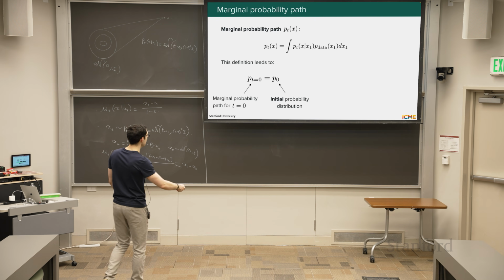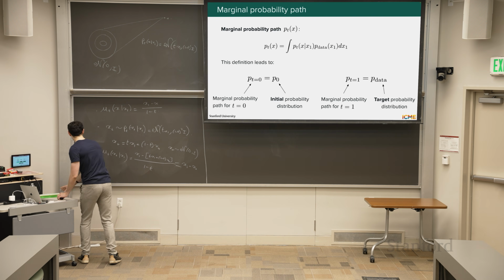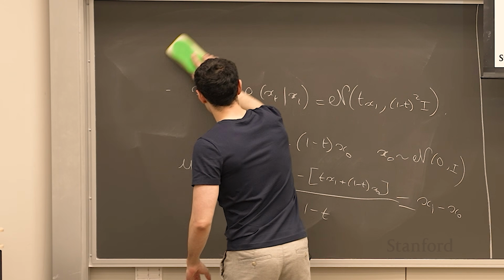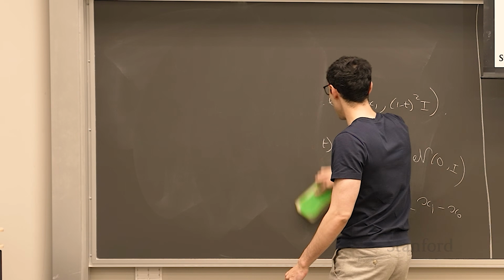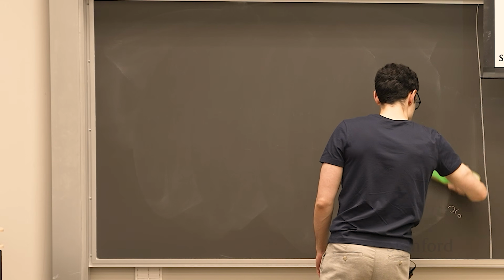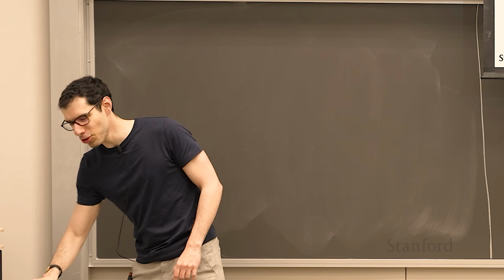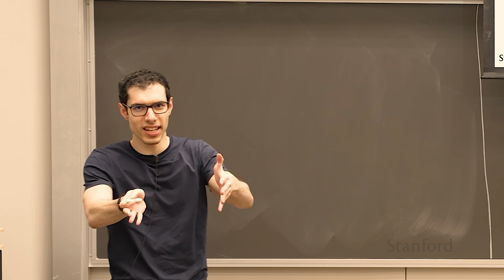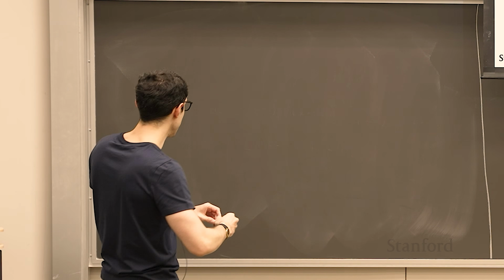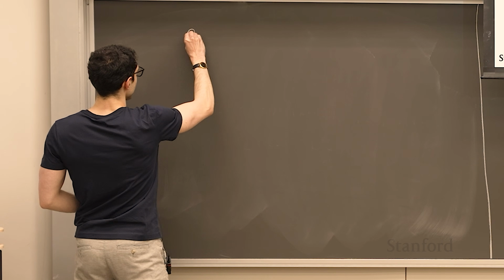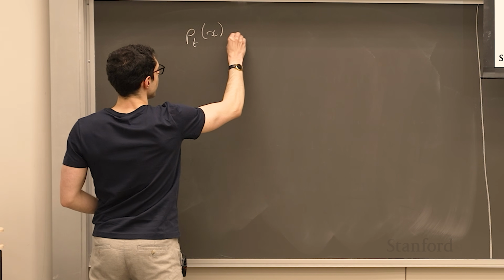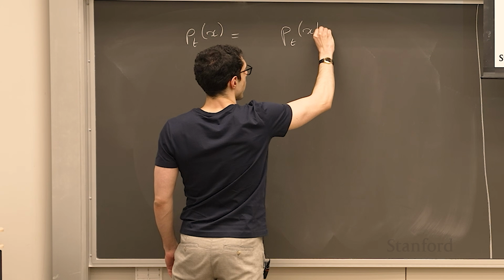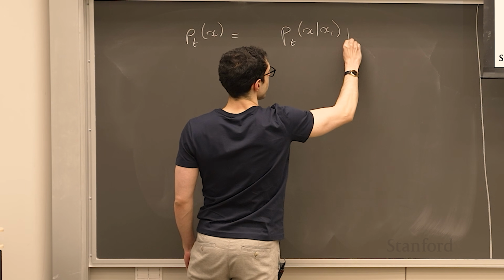So let me tell you why I'm telling you all of this. Just remember that what we care about is to map our initial distribution to the target one. There are many ways to go from one to the other. And we can just propose this marginal probability path, which I'm going to explain in a second.